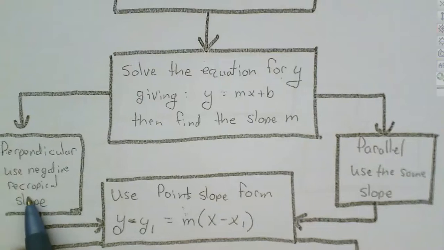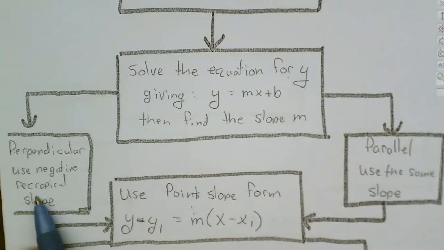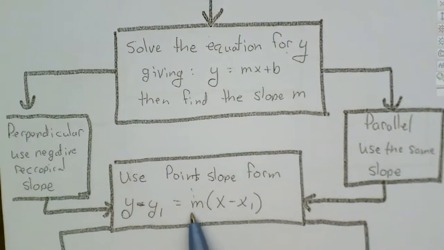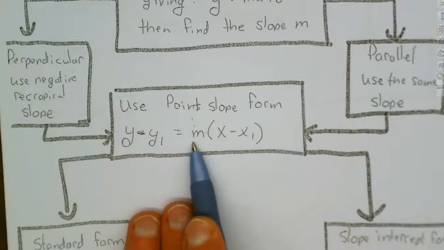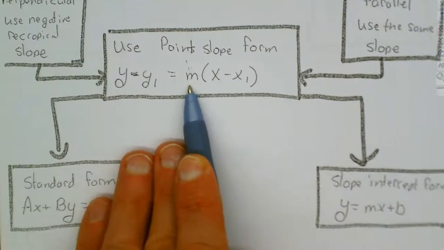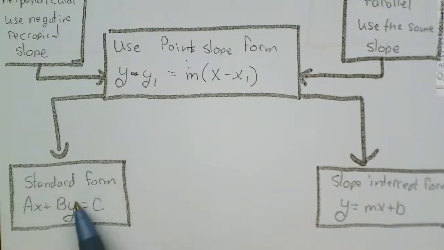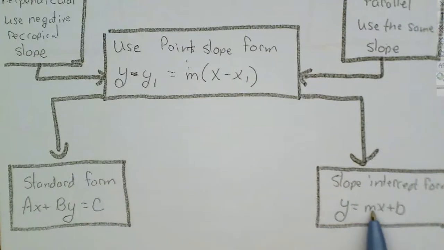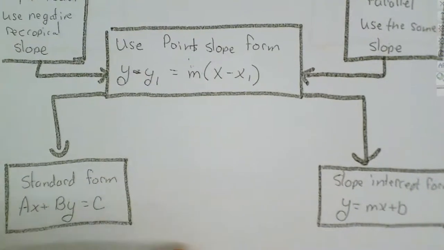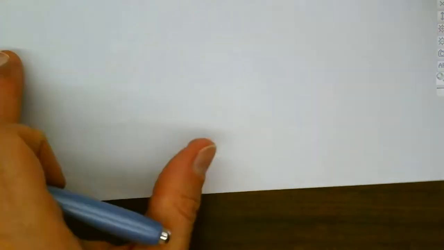If it's perpendicular, we use the negative or opposite reciprocal. So we change the sign and we flip it over. And then we use our point-slope formula from there. And then we write our answer in either standard form or slope-intercept form. So let's do 2 of these, and then we'll look at some special cases, and then that'll be it.